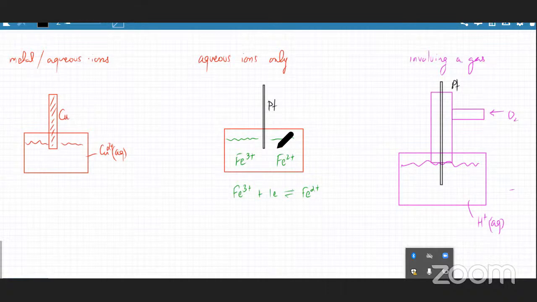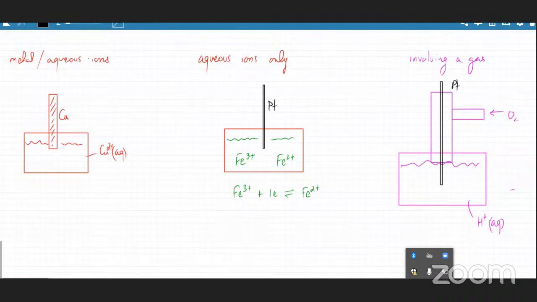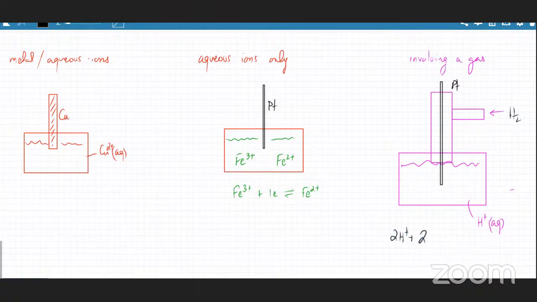अब उसके बाद है कि describe the standard hydrogen electrode, ठीक है? So it's this electrode where that's your reference electrode, जिसके अंदर the gas is H2 and the solution contains H plus 1 ions. So the reaction that's happening over there is 2H plus 1 plus 2 electrons in equilibrium with H2.